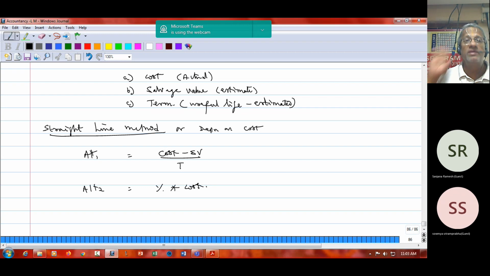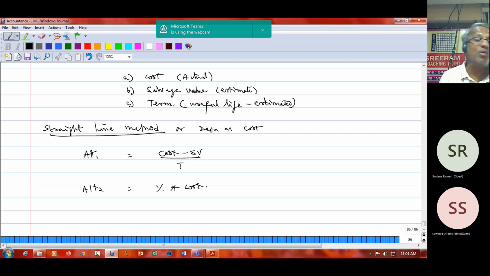Whether you like your ears or nose or your eyes. Right eye or left eye, which one do you like? Hey, this question itself is an absurd question.